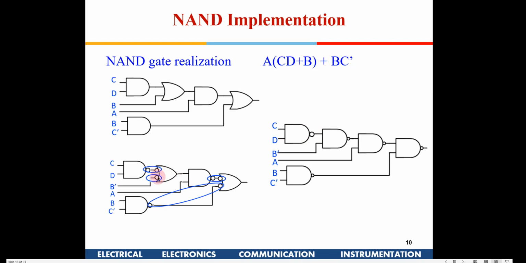The bubble which was at the input of this OR gate has become a NAND gate here, so this bubble remains here. Again, this was an OR gate with two bubbles in the input, so that has become a NAND gate. This bubble along with this AND gate becomes a NAND gate.